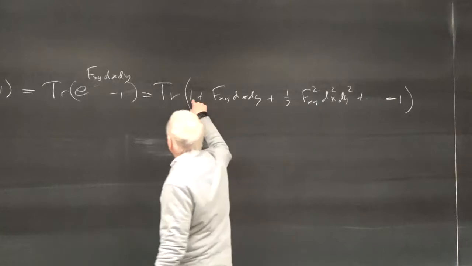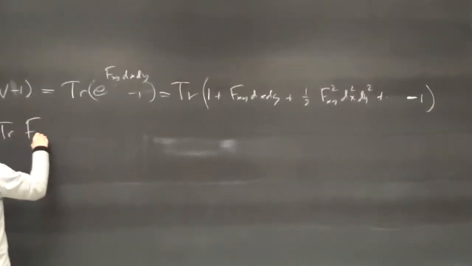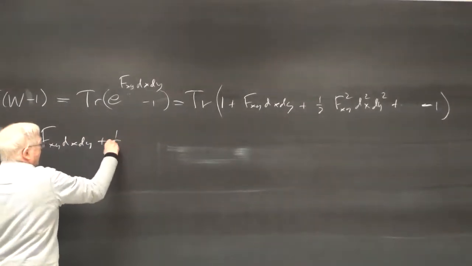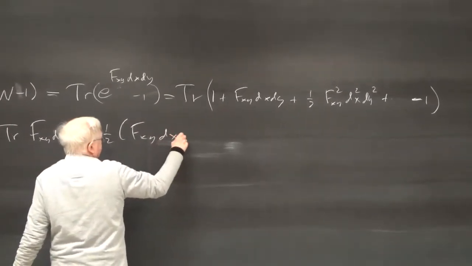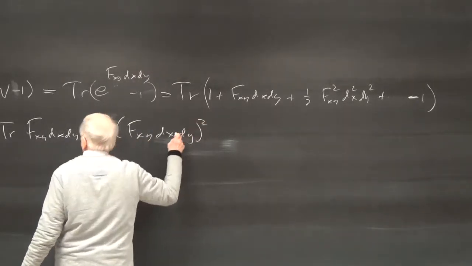And so the first term cancels, and we're left with trace of F_xy dx dy plus a half F_xy dx dy squared.